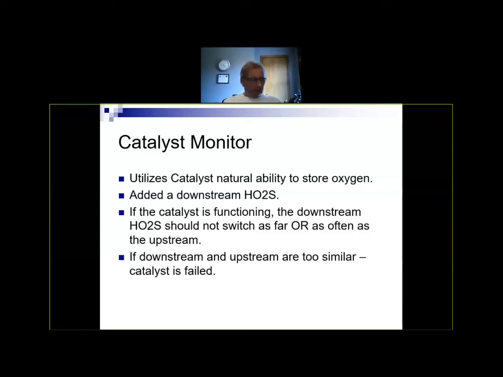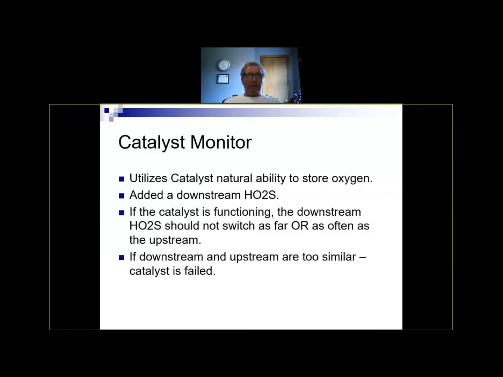And another type, which is a little bit more active, is the computer intentionally drives the exhaust very, very lean. So on a decel, fuel shut off, the idea is that the catalytic converter is going to store a whole bunch of oxygen.